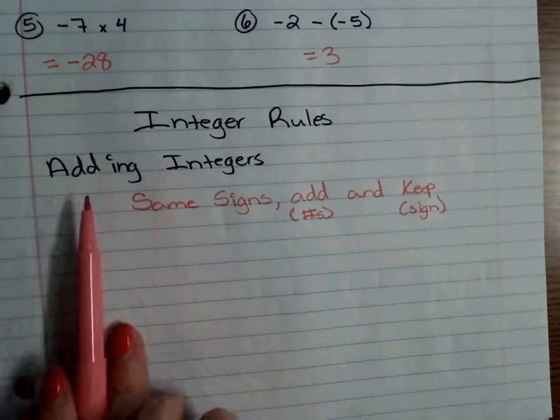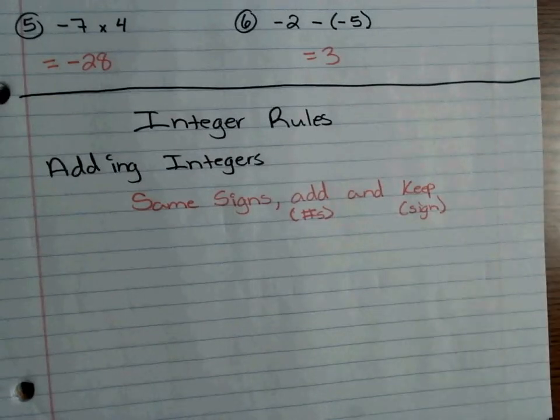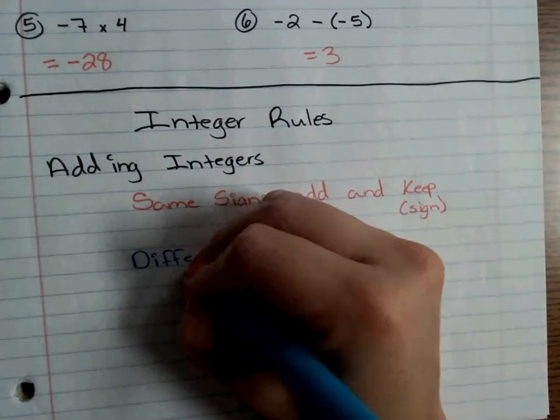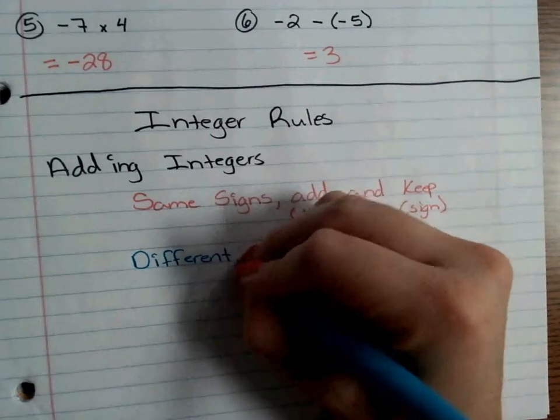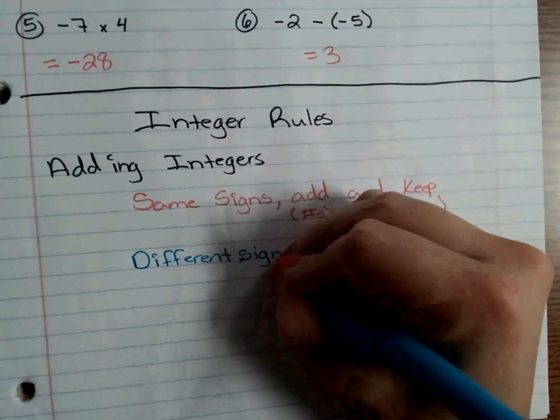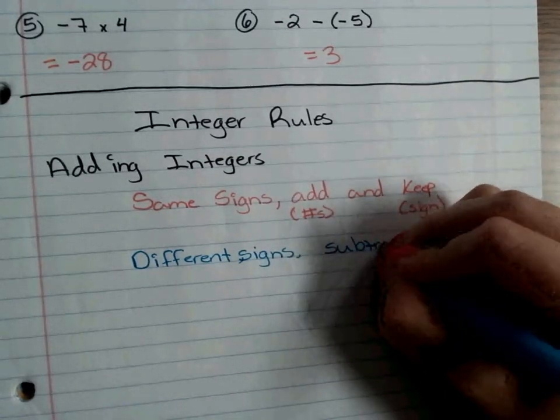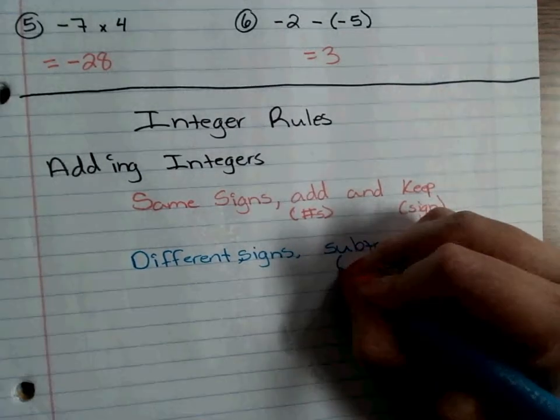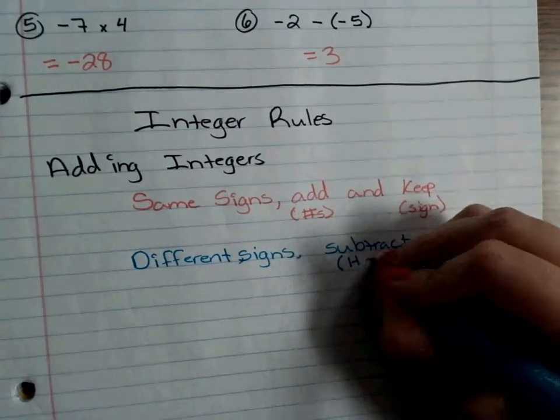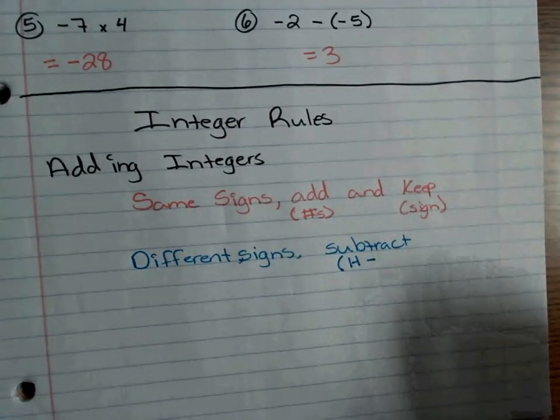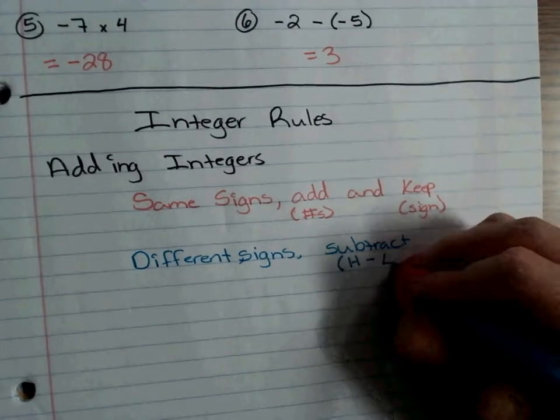Now, if they happen to be different signs, with different signs, you're going to subtract the two numbers. And by subtraction, I mean you're going to take the higher number, not focusing on the sign. You're just taking the higher numbered base and subtracting the lower number base.